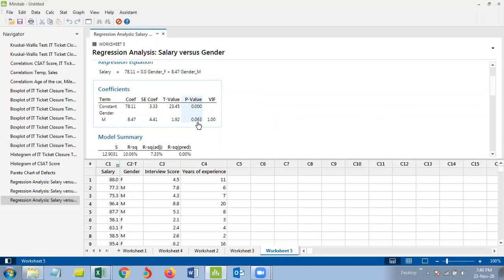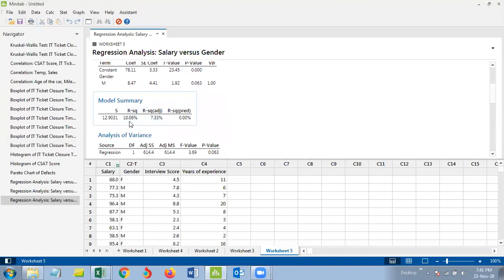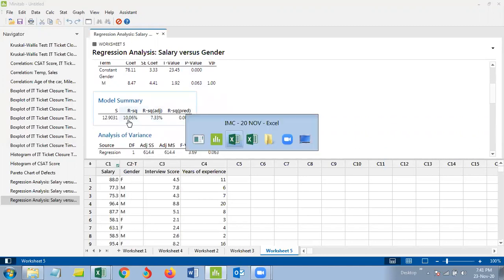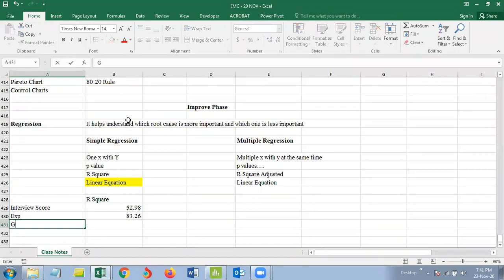There's not enough evidence to claim that management is gender biased, male or female, influencing salary decisions. No, sorry, we do not have any supporting information for that. Still, let's have a look at R squared. 10.06. This is gender, and this is 10.06.